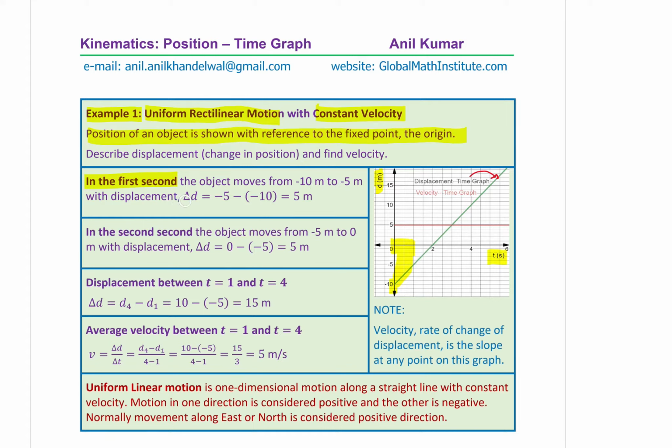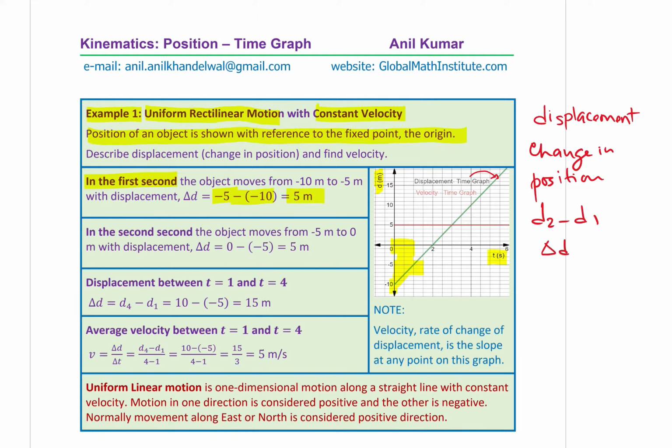The displacement is the change in position, that means d2 minus d1, right? So delta d, that is what we are referring to this as, is equal to d2, which is minus 5, minus minus 10, that gives you 5 meters.